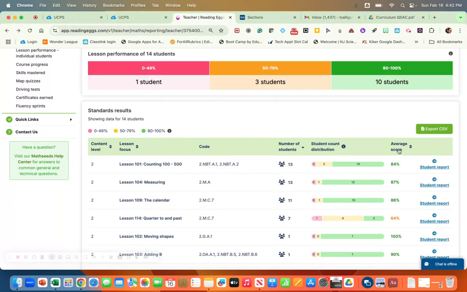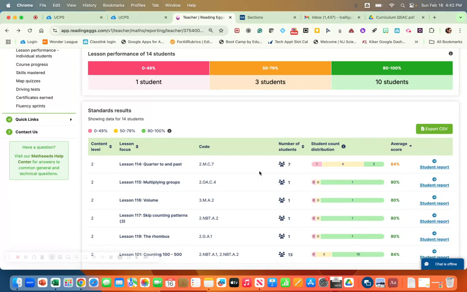Then you can also click on average score, highest to lowest, lowest to highest. This will reveal the area that the students are struggling in if you see a yellow or a red average score here. So we're seeing a yellow average score which shows that 7 students worked in lesson 114, and that lesson is about quarter to and past, which I would guess is time.